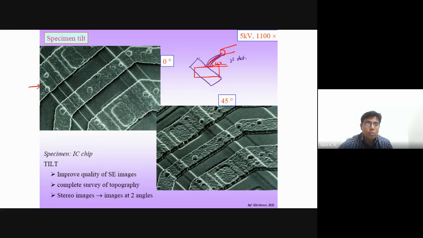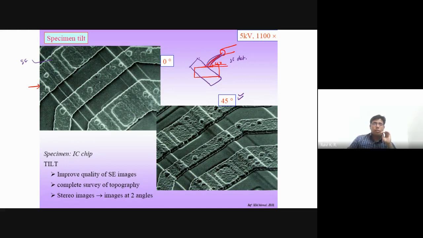That's what you can see in this image. I hope this is the region where you have the SE detector, so this region is opposite to that. You can see the contrast difference from one region to another. But while tilting, you can see the contrast has become much better.